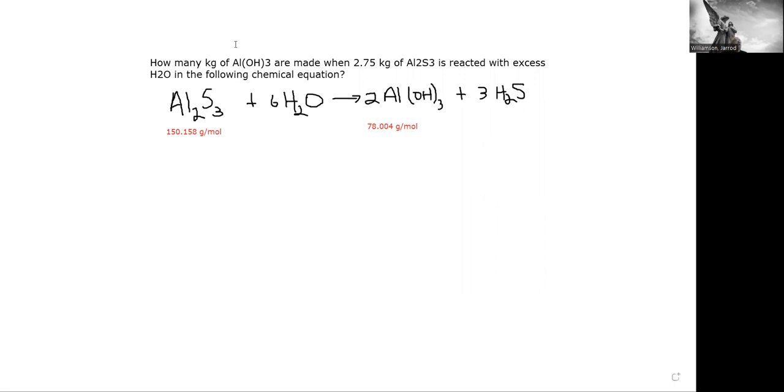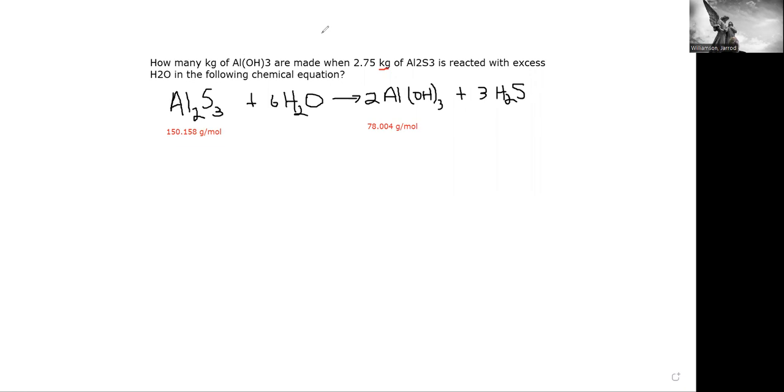Here in this problem, it says how many kilograms of Al(OH)3, with a subscript 3, are made when 2.75 kilograms of Al2S3 is reacted with excess water in the following chemical equation. The 2 and the 3 are supposed to be subscripts, but the app I'm using doesn't let me do that.